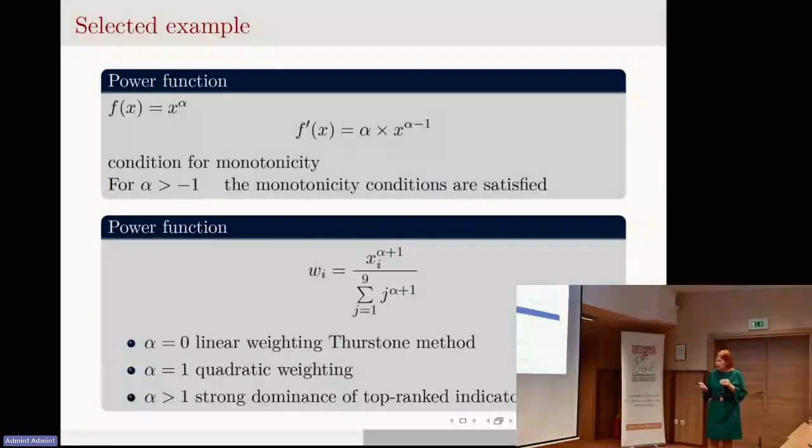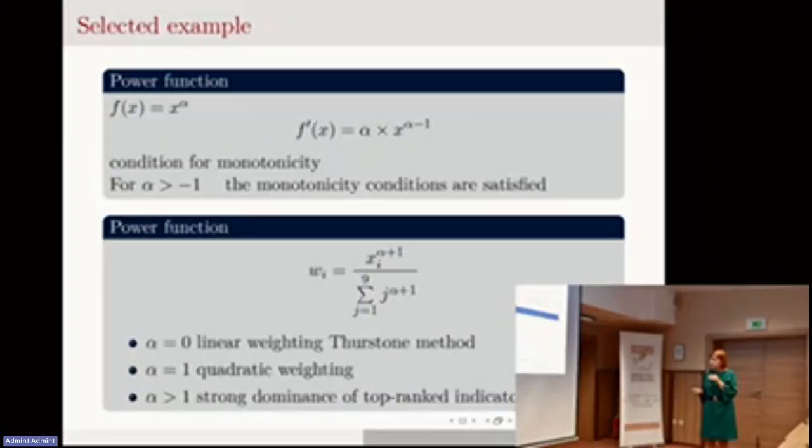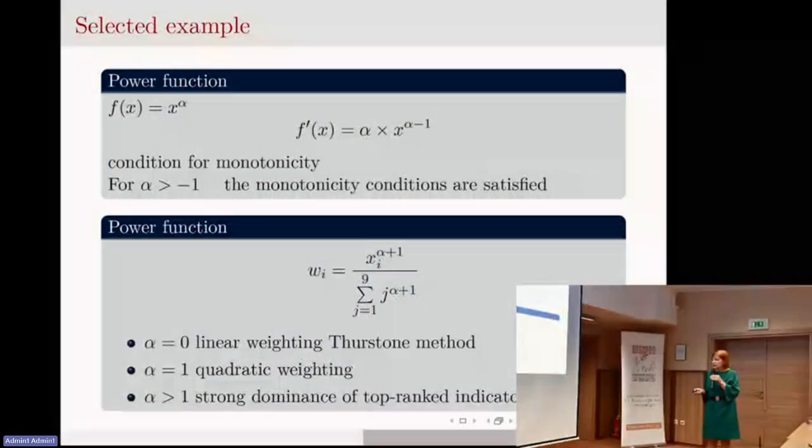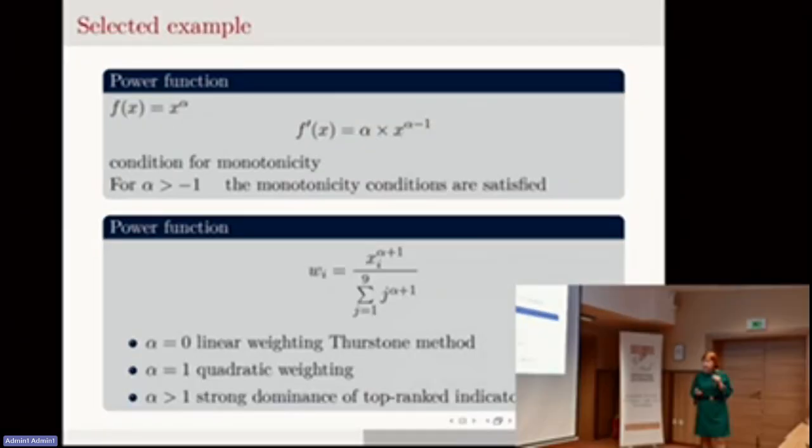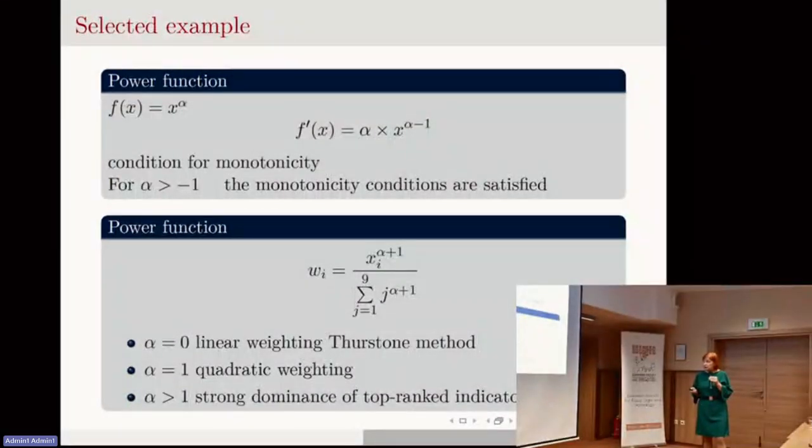And for alpha equals 1, it is a quadratic thing, and if alpha is greater than 1, it is a strong dominance of the top ranked indicator.